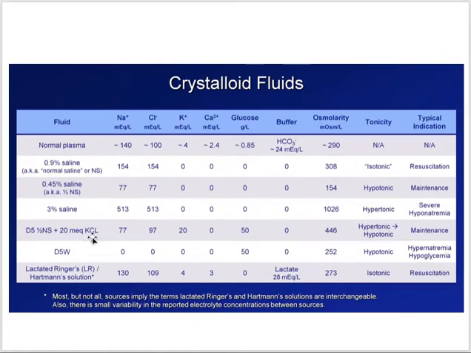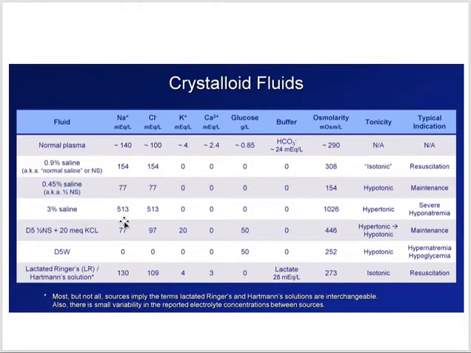Then there is half normal saline with 5% dextrose. Of course, this is an example of hypertonic, right? Because if it were 4% dextrose, then of course it would be isotonic. But this one is of course hypertonic, right?